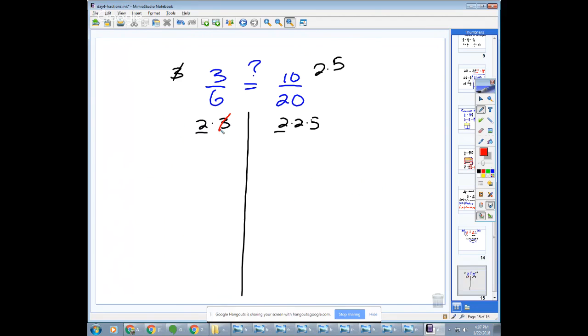So that's going to leave a 1 in the top and a 2 in the bottom. And here, a 2 divides out and the 5 divides out, leaving a 1 in the top and a 2 in the bottom. So using the GCD on each side, we can get them reduced down to the same fraction. So that's a little easier than the LCM.